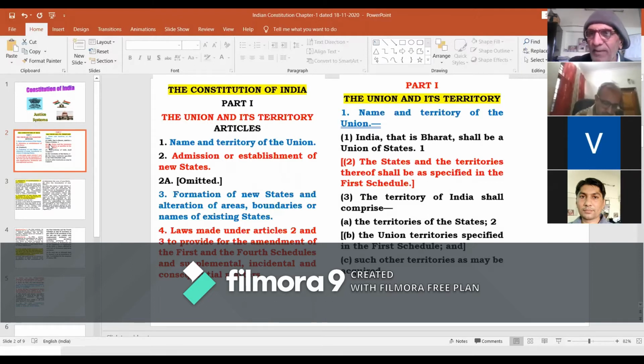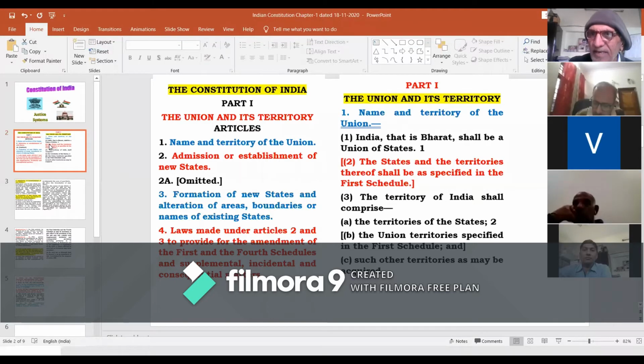Means when some new state is formed, then naturally the set of laws and the set of institutions as well will come in.